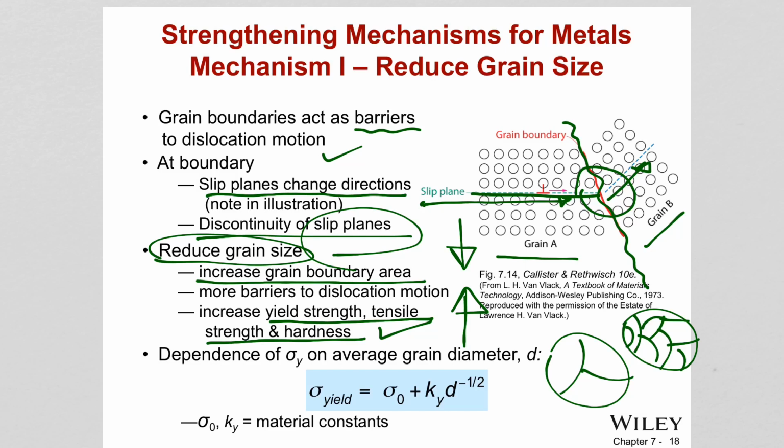In summary, the smaller your grains, the stronger your material is, and the harder your material is, and that is the conclusion. And how the yield strength depends on the grain size is explained to us with the Hall-Petch equation.